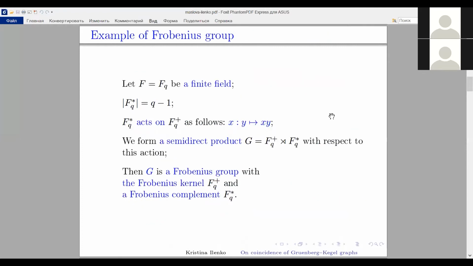Now I would like to give an example of a Frobenius group. Let F be a finite field, and the order of its multiplicative group is equal to q minus 1. Let the multiplicative group act on the additive group by the rule on the slide.